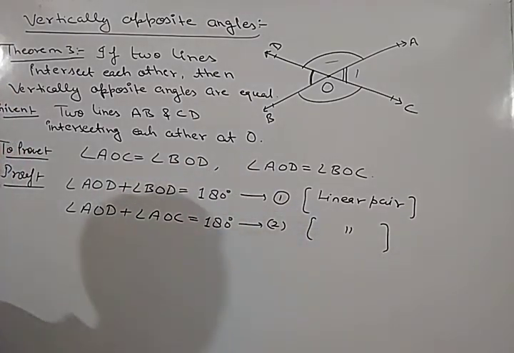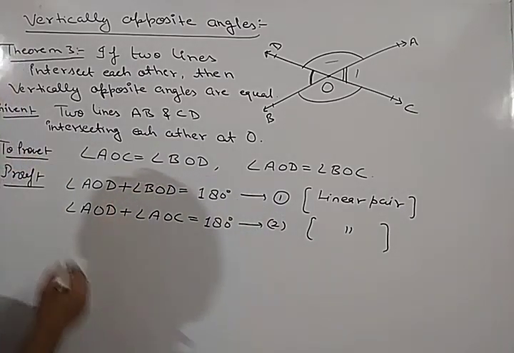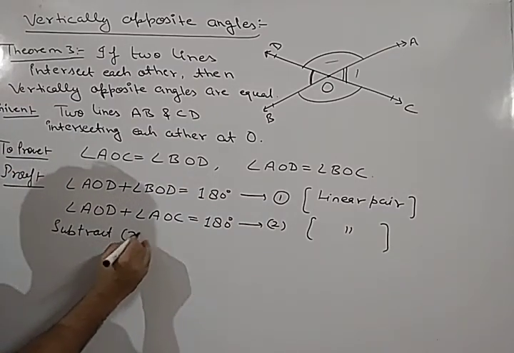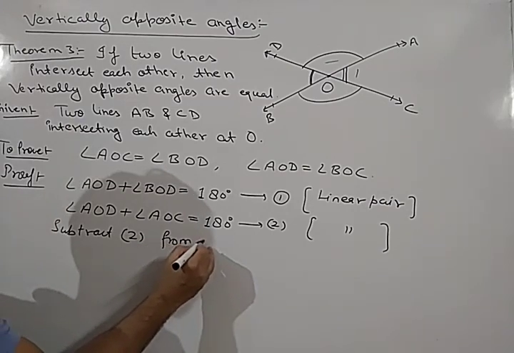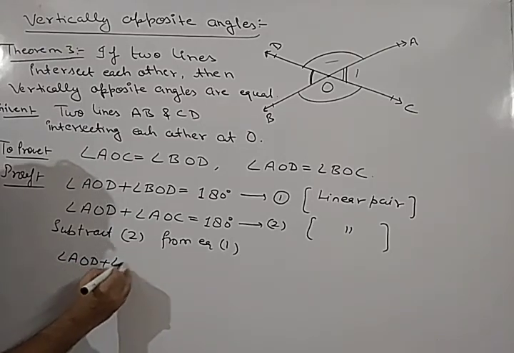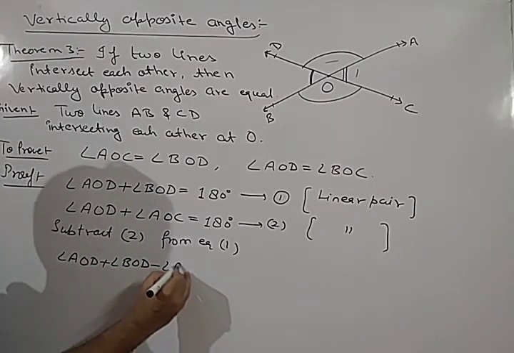Now what we have to do: if we subtract equation 2 from equation 1, then what will happen? After subtraction we will get angle AOD plus angle BOD minus angle AOD.